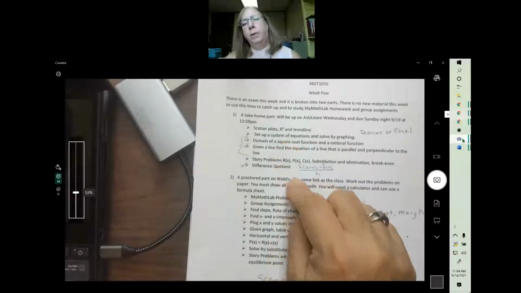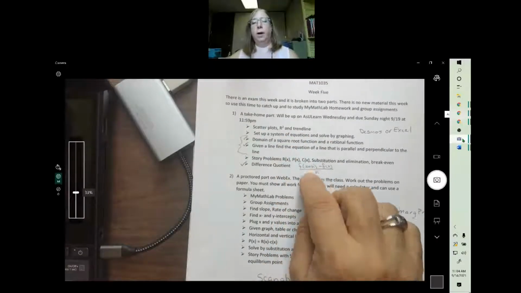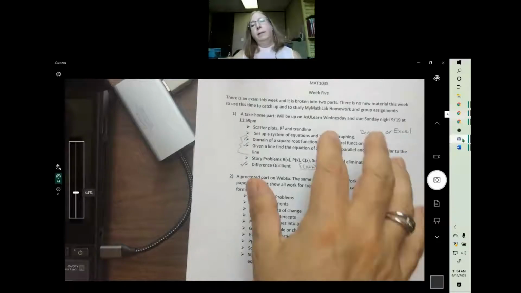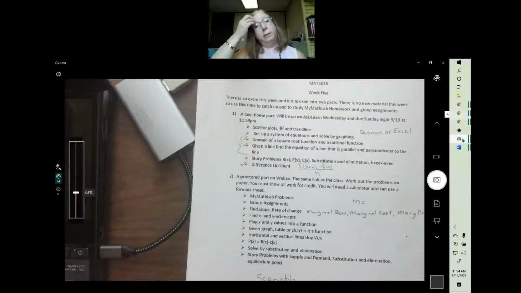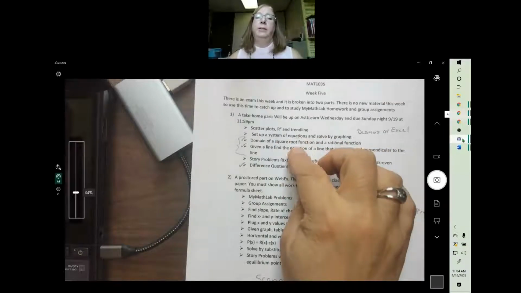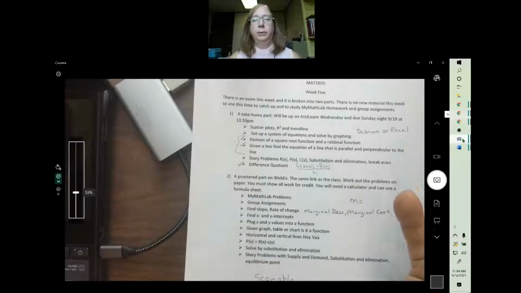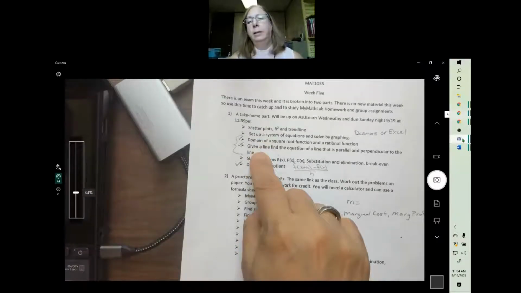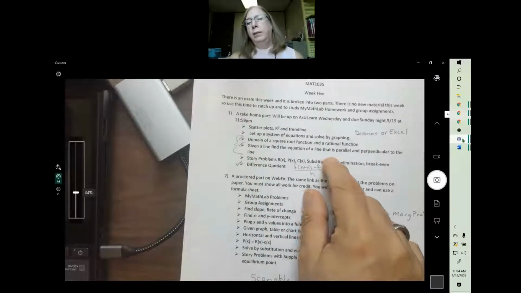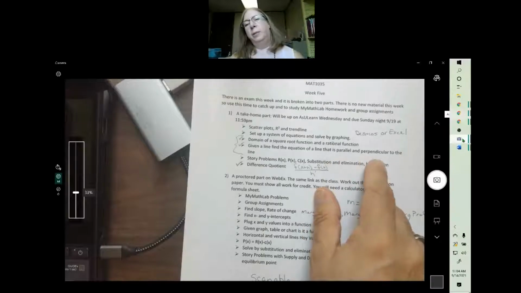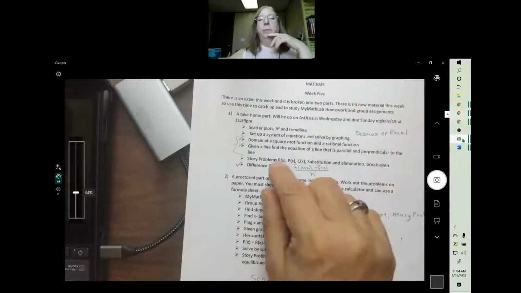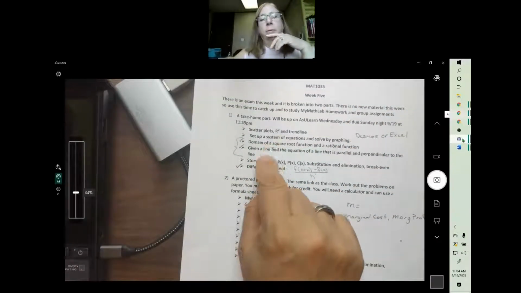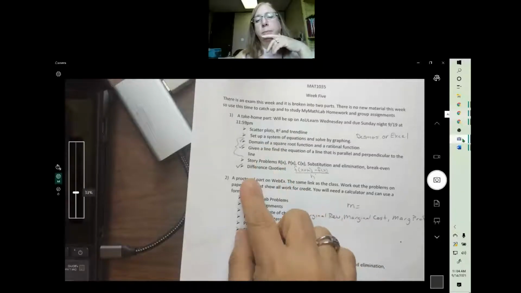This bottom, well, all of this actually, we'll use a lot more later. So having it as a take-home isn't too big of a deal. I want to make sure you're understanding it and learning it, so then when we use it later, you'll still be tested on it. But yeah, domain and writing the equation of a line when it's parallel and perpendicular. I touched on it, but we didn't do a lot of problems, so that's why it's take home.